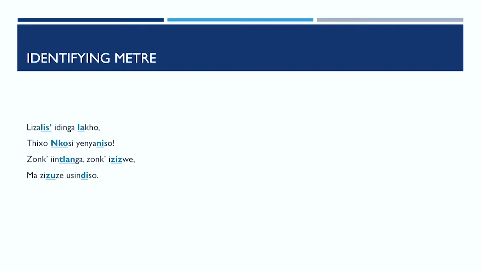If we include lis with those 3, we've actually got a pattern of 4. Lis, I, ding, ga. The next one you'll see is also 4. La, ko, ti, ko. The next one is also 4. Nko, si, yen, yan, and there you've got it.